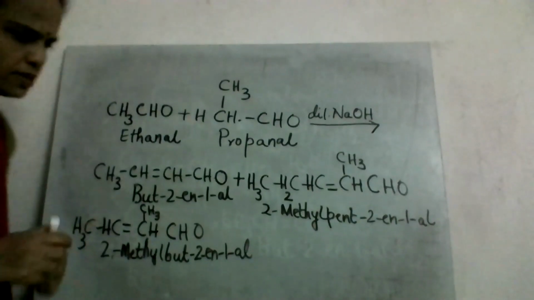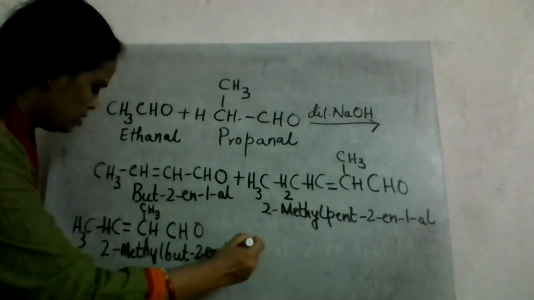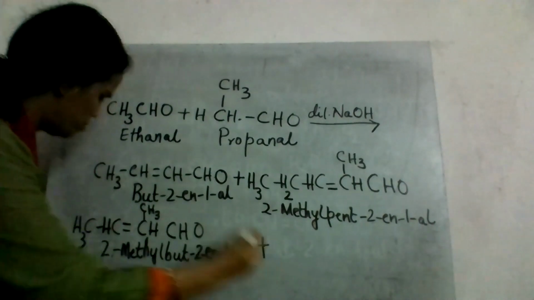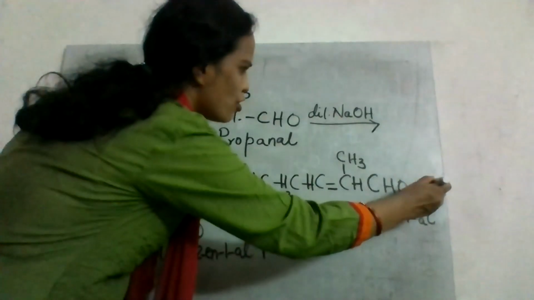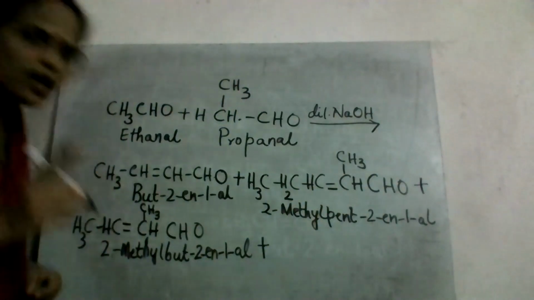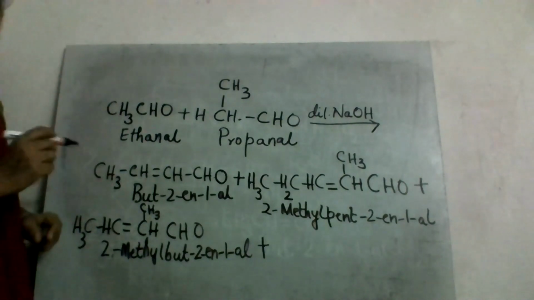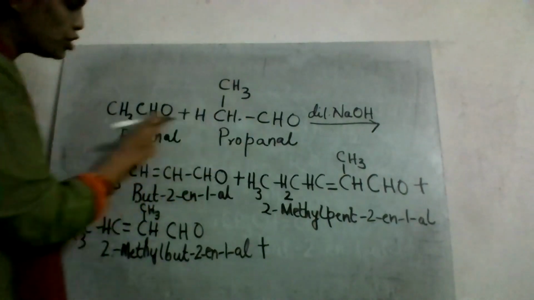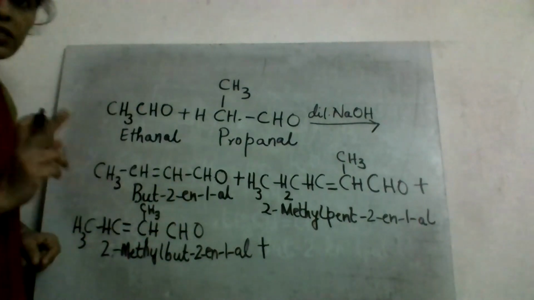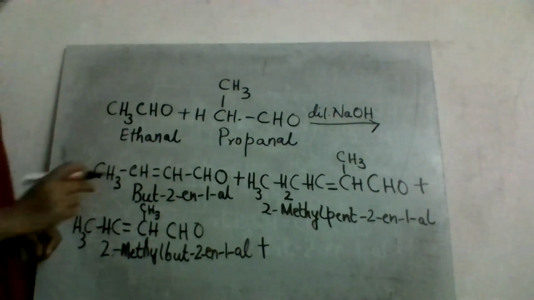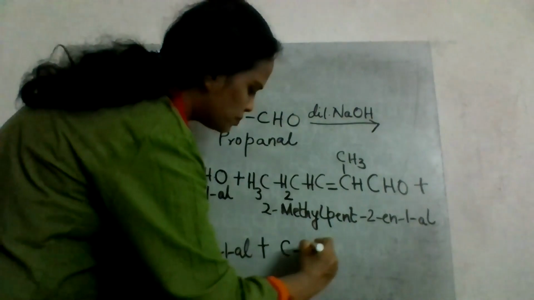Okay, and the fourth product that will be formed, remember, four different products are formed in aldol condensation. The fourth product is pent-2-ene-1-al. This molecule and this molecule result in giving you pent-2-ene-1-al.